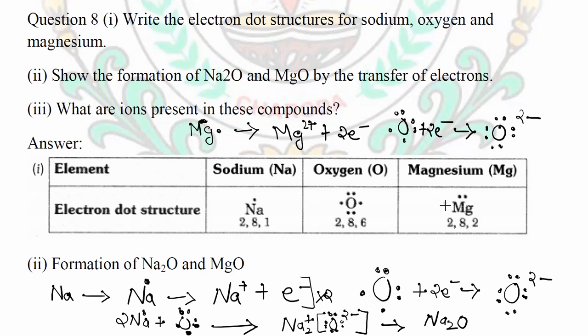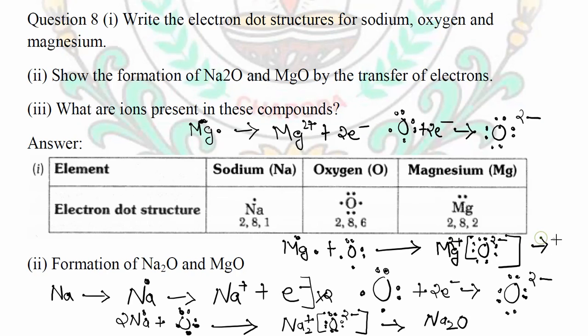Now this magnesium cation and oxygen anion will combine with each other to form magnesium oxide, and the reaction will be written as Mg2+ and O2-. Okay, so here formation of MgO has taken place.